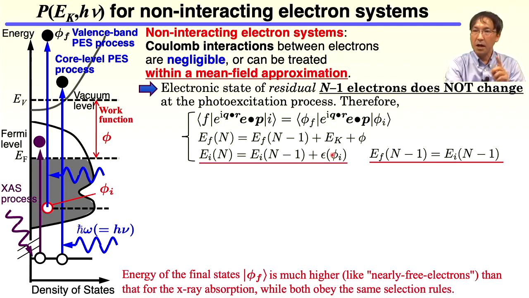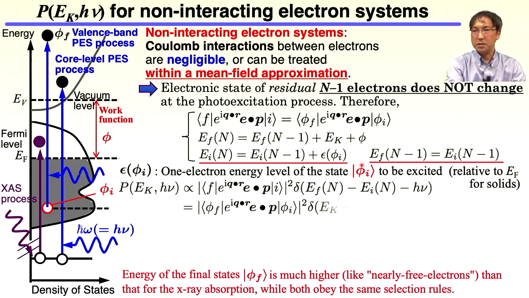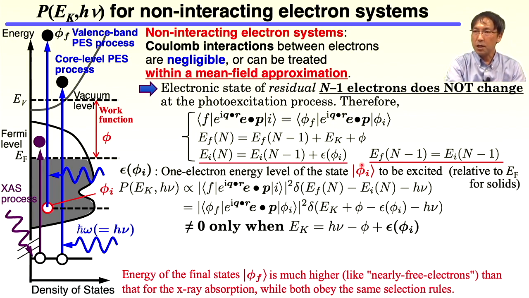For a non-interacting electron system, the residual n-1 electron energy is the same between the initial and final state. Then the transition probability giving the part of the spectral function is expressed like this, which is obtained by putting this relation into this formula of the term of P, the transition probability.